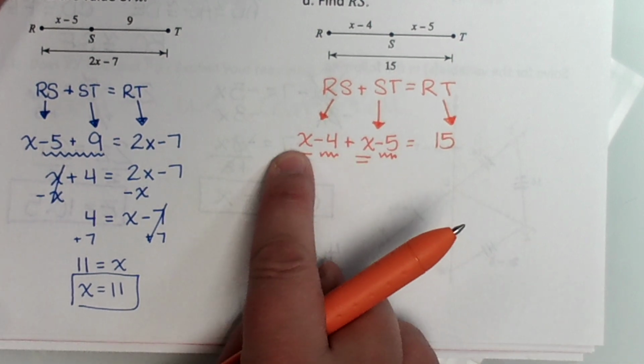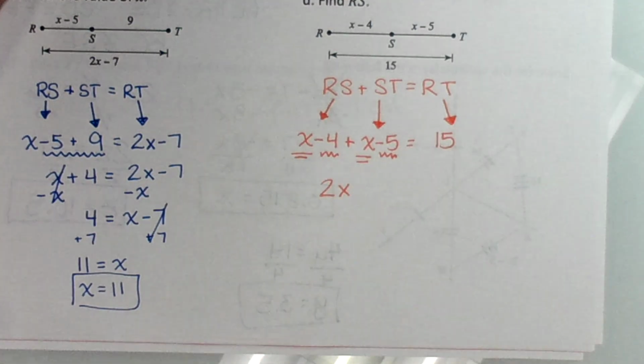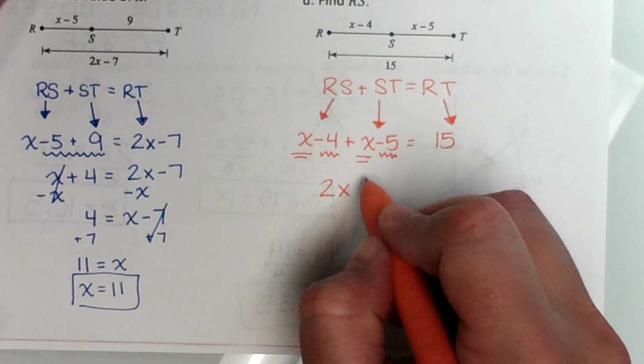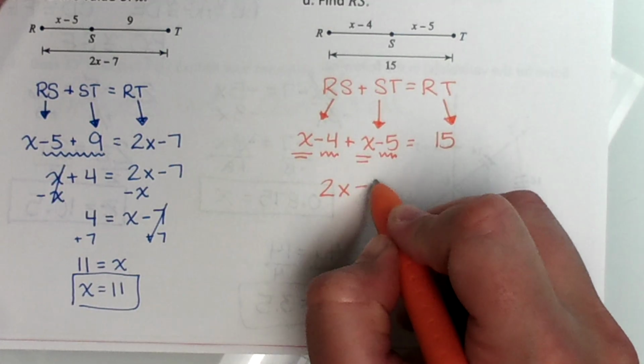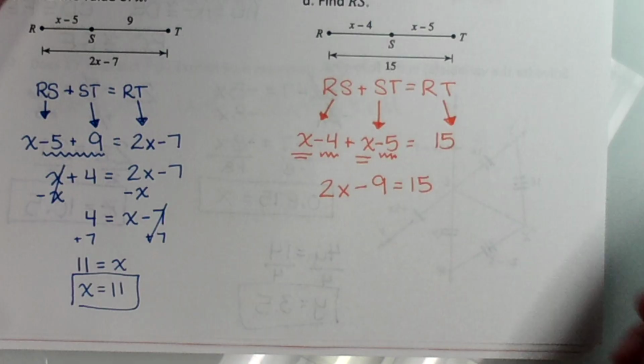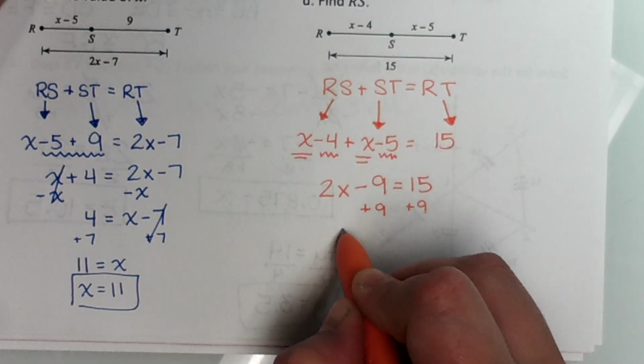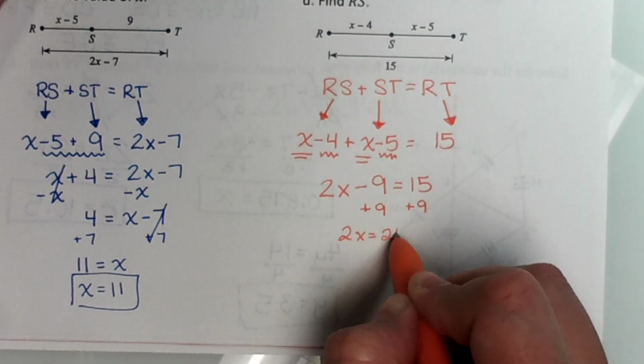It's a 1x and it says plus 1x. 2x. Now I'm saying this because it's one of the errors that I did see popping up on the quiz. -4, -5 is -9. I mean on the first quiz, by the way. From here, generally, y'all do fine. Add the 9, 2x equals 24.